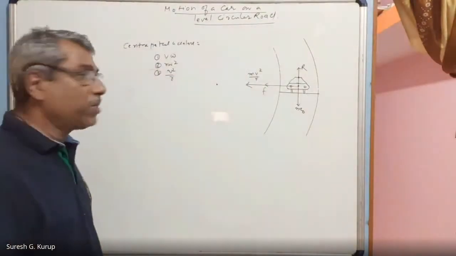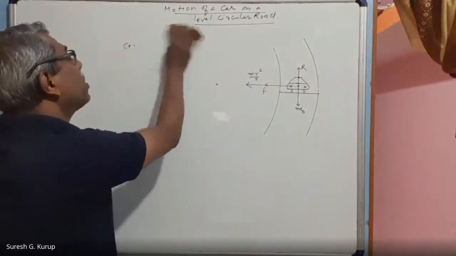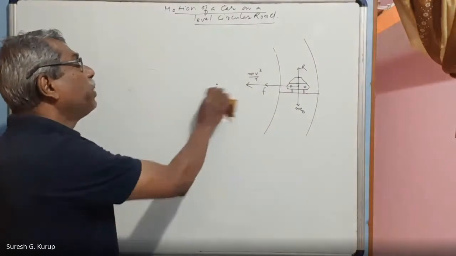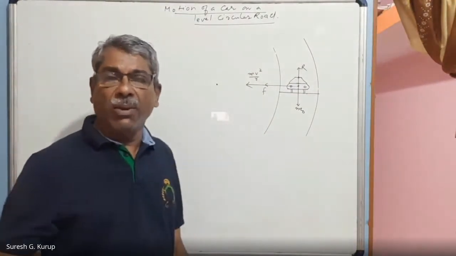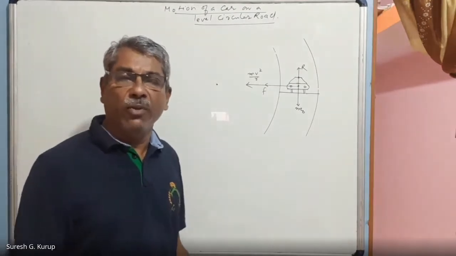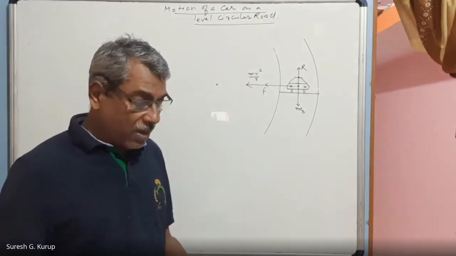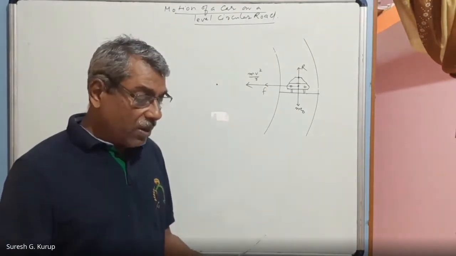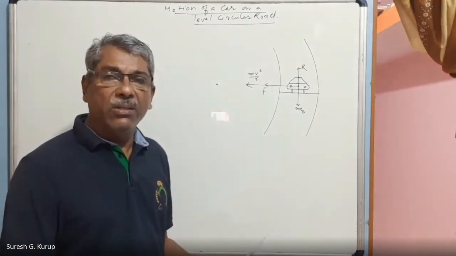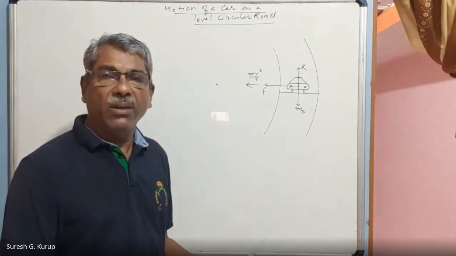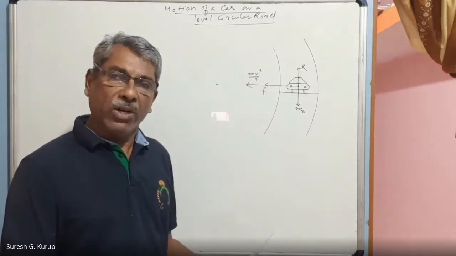A body moves in a circular path with a uniform speed, that means constant speed. When a body moves in a circular path, this is an example of uniform circular motion. Right? Then centripetal acceleration, you know, is v square by r, or v omega, or r omega square.